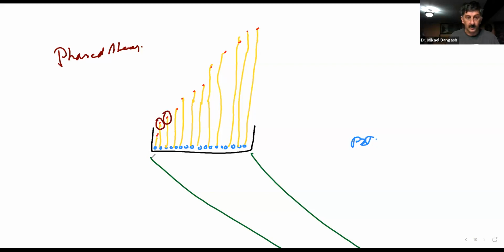Which mainly causes the beam to be steered in a certain direction. Clear? So that is what we call a phased delay.